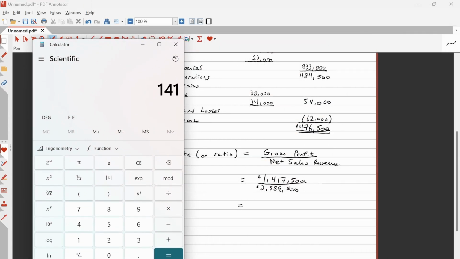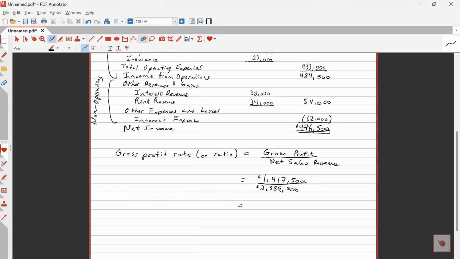So 1,417,500 divided by 2,589,500 is this number, 0.5474. So it's not exactly equal. I'm going to round it to the nearest 4 decimal places.